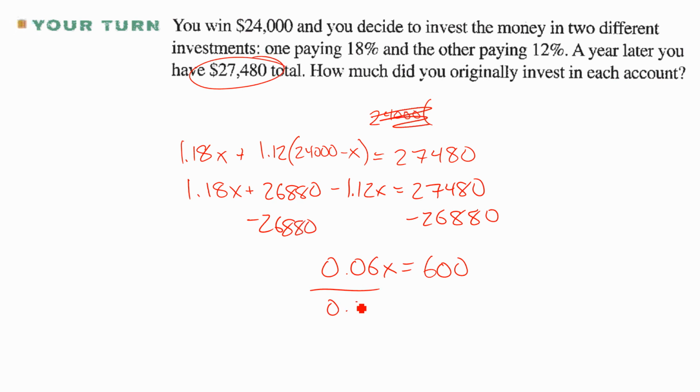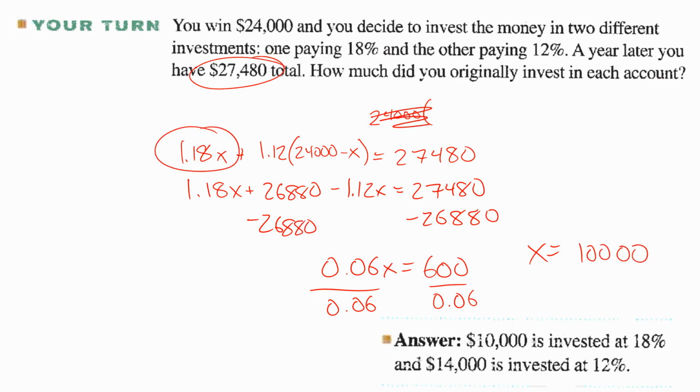Divided by 0.06, we get an x of 10,000. So we must have taken 10,000 at 18%. The rest, which would be 24,000 minus 10,000, is 14,000 at 12%.